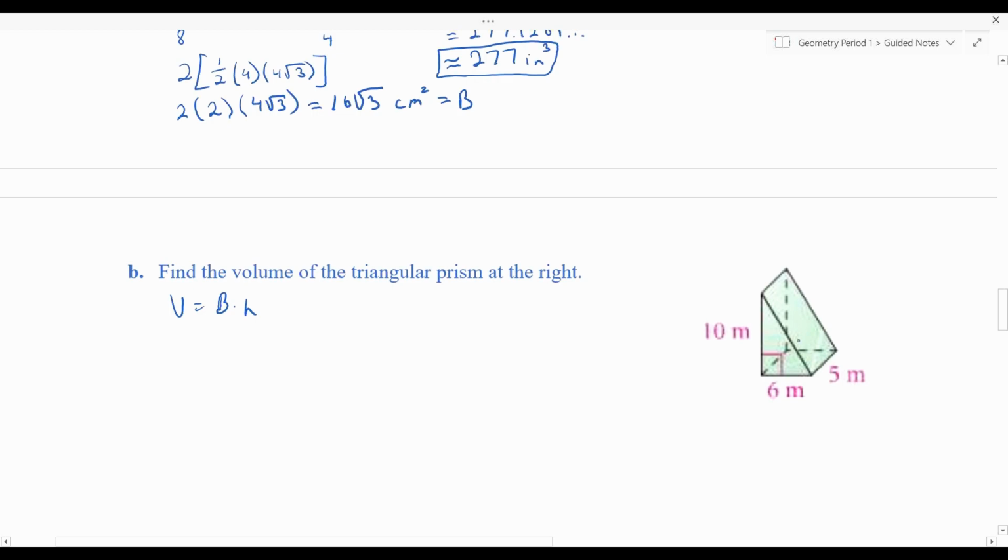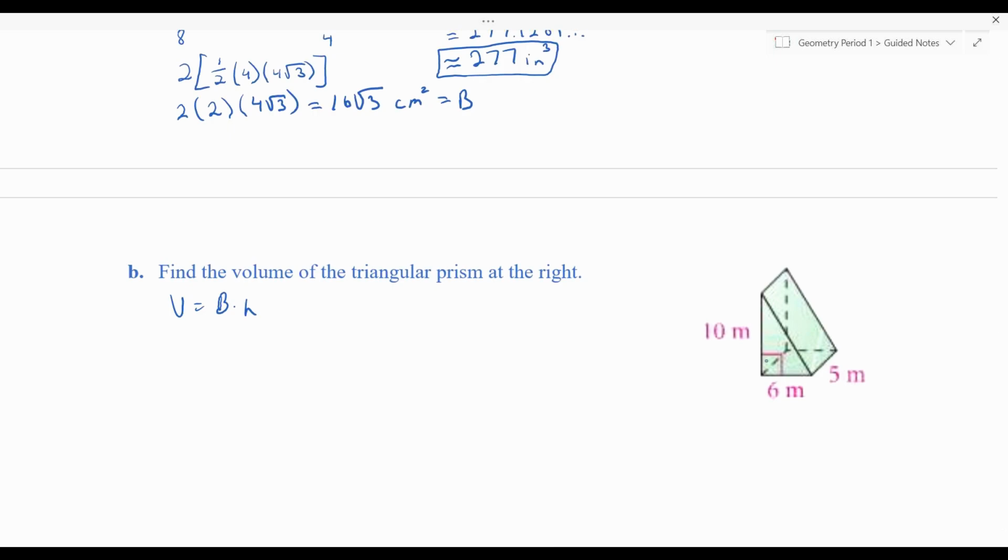Also, if they were not to tell you what type of prism it is, or if you really can't figure it out, just know that if I were to slice this prism, the only shape that will remain constant is the triangle. Because if I cut it in this way, none of the cross-sectional areas will be the same, right? But if I cut it alongside or parallel to the triangular face, each slice will be a triangle. So that's another way to find out what base I'm going to be using.